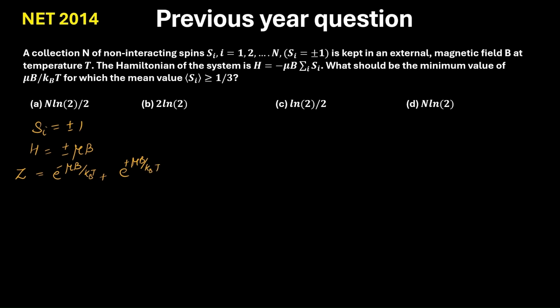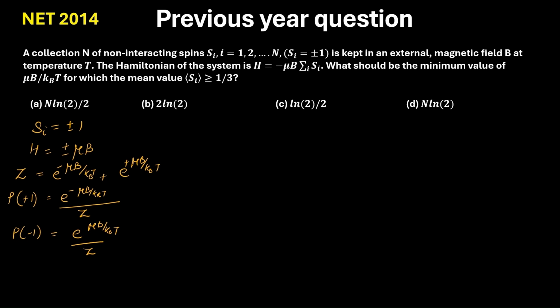Now, the probability for the spin to be in plus 1 will be given by e to the power minus mu B by k_B T divided by the partition function. Similarly, for minus 1, we'll get e to the power mu B by k_B T divided by the partition function.